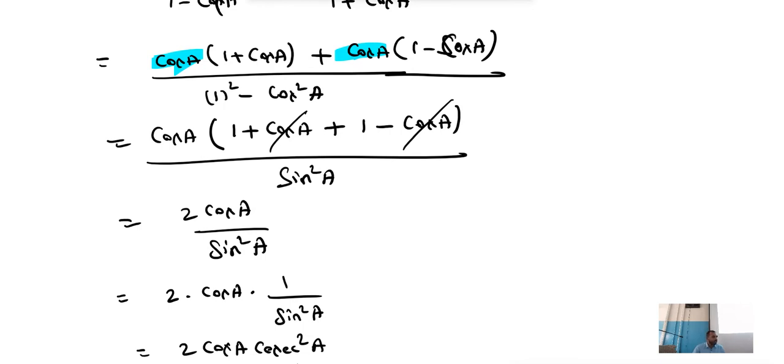This sin square A I have split into the other part as 1 by sin square A. 2 is 2, cos A is cos A. 1 by sin is cosecant. 1 by sin square is cosecant square A. So it should be 2 cos A into cosecant square A. Correct? But why has he given cot A? Check whether cot A will come.